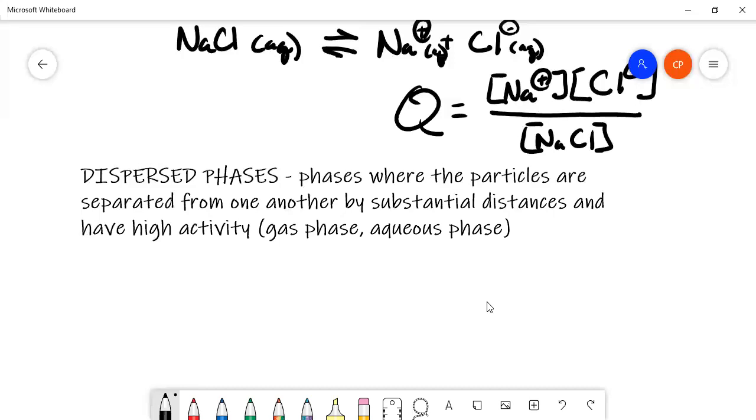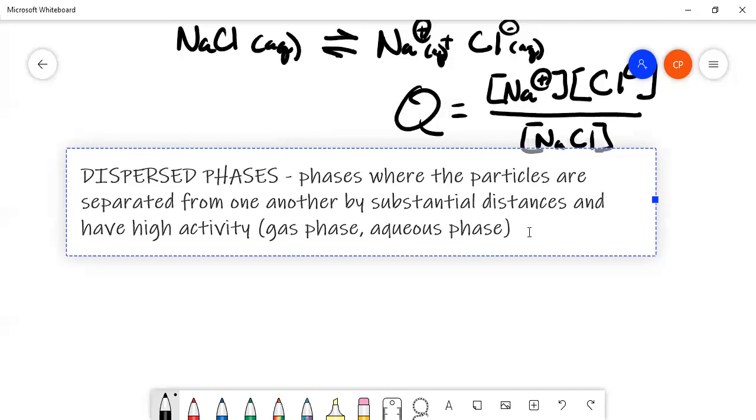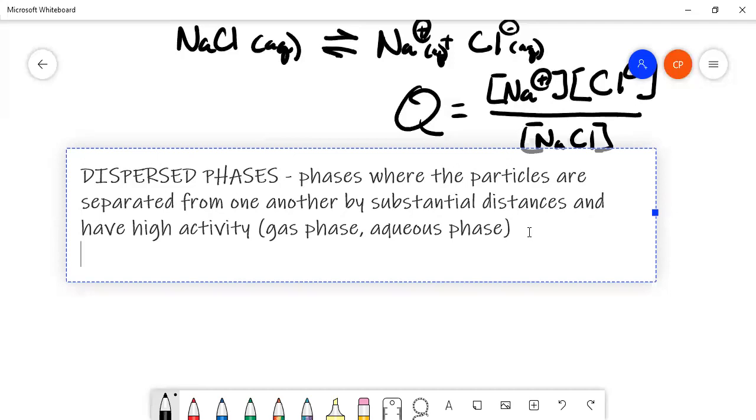Now, aqueous phase is something where I've got things like sodium ions and chloride ions surrounded by water, and the sodium and chloride ions are spread out in a ton of water. The water is condensed together, and the water then disperses the sodium and the chloride ions. Okay, so the aqueous phase of a solution we consider to be dispersed. And the solid and liquid phases we consider to be condensed.